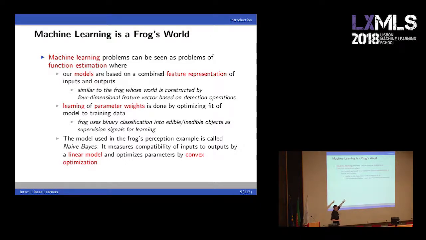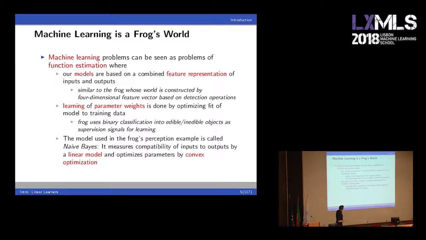The feature representation for the frog was these 4 detectors, like convexity, contrast, speed, and so on. Then machine learning means we take this model and set up some error function or objective function, and we optimize the parameters by fitting the model to the training data. That's what we did by doing these relative frequency counts.